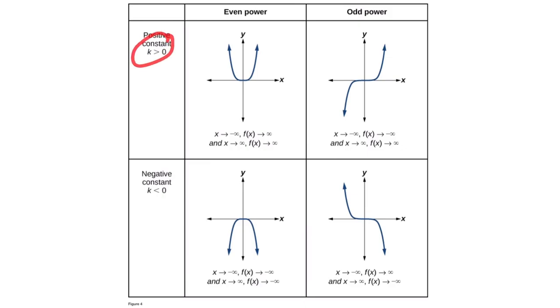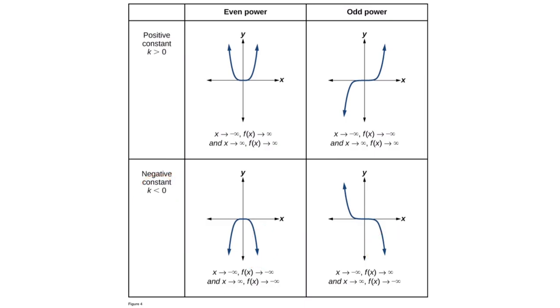The coefficient tells you about the right-hand side of the graph, and the degree of the polynomial tells you about the left, right? If the leading coefficient is positive, it goes up to the right. If the leading coefficient is negative, it goes down to the right.